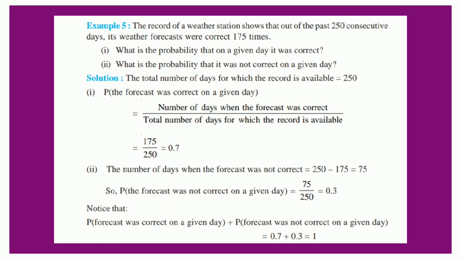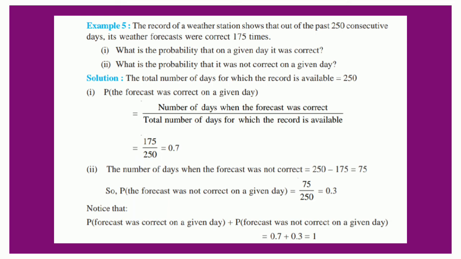Therefore we can write P of the forecast was correct on a given day is equal to number of days when the forecast was correct divided by total number of days for which the record is available. That's 175 days correct divided by total trials 250, that's equal to 0.7.